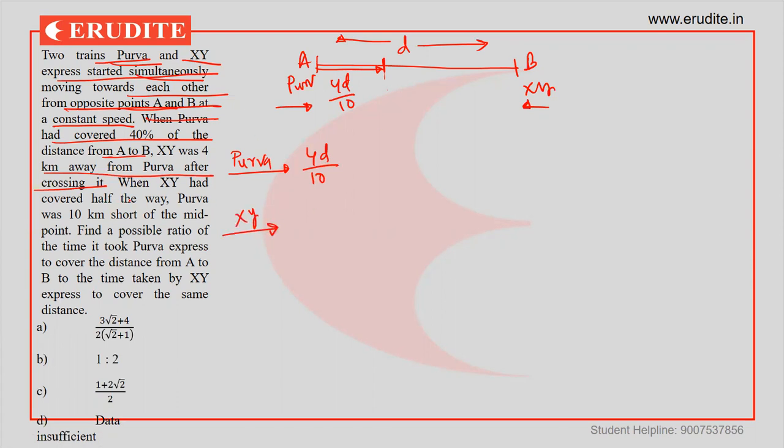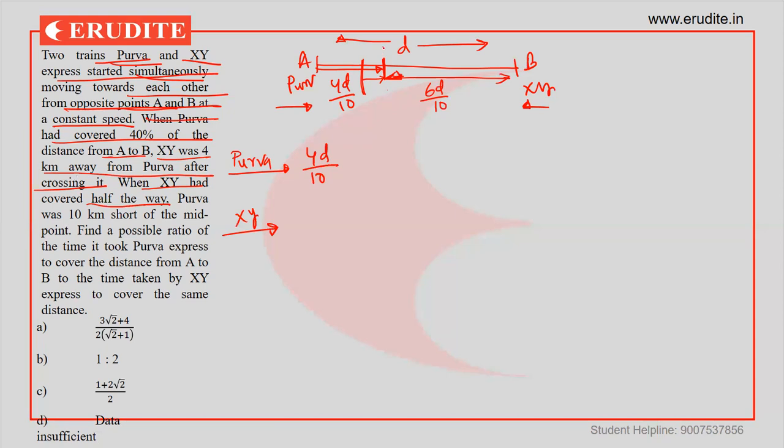It says XY was 4 kilometers away from Purva after crossing it. So if Purva goes 4D by 10, then the remaining distance will be 6D by 10. But XY went an extra 4 kilometers also, right?